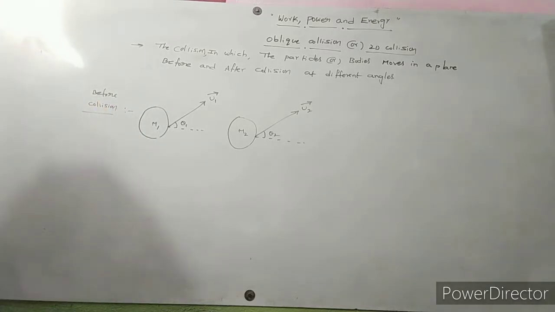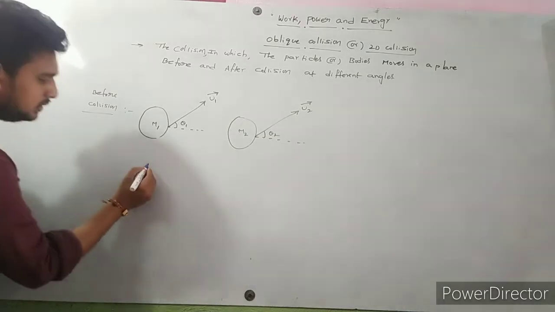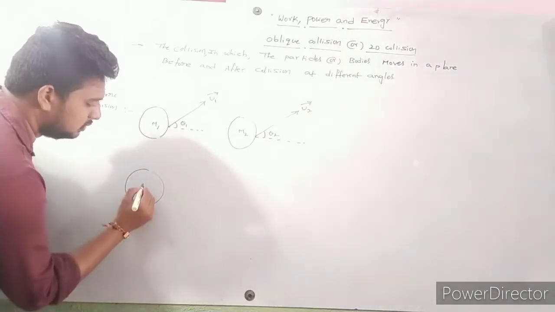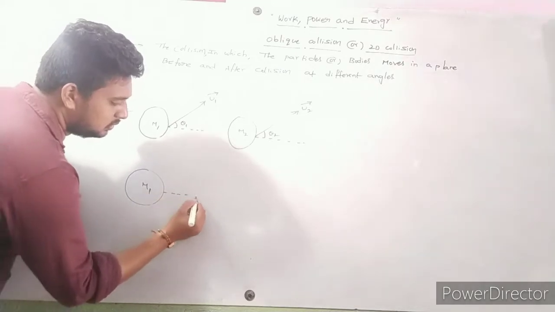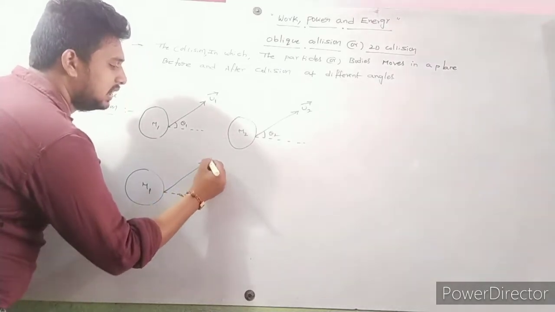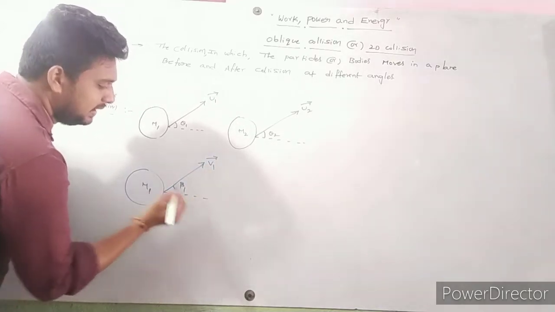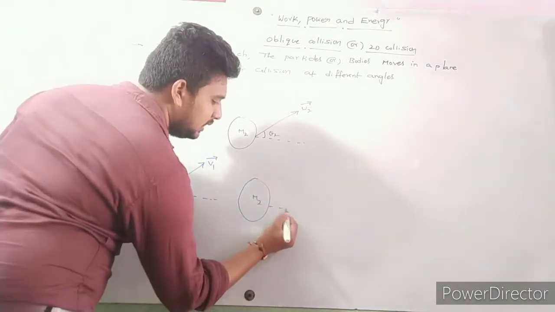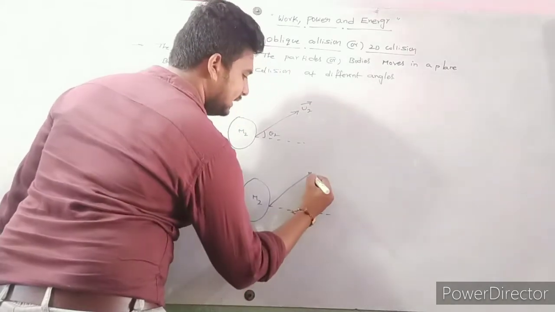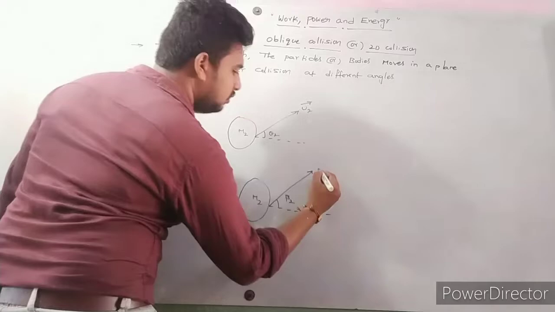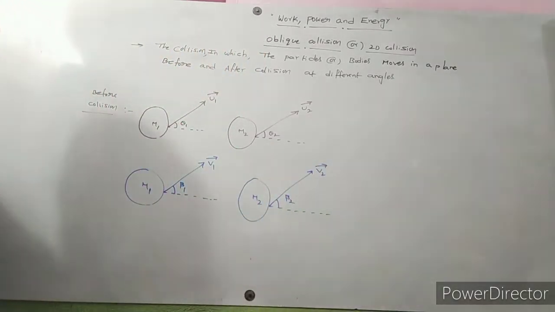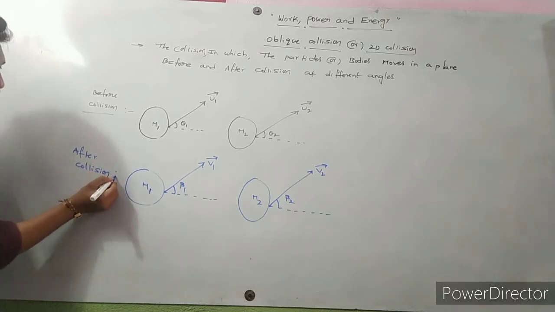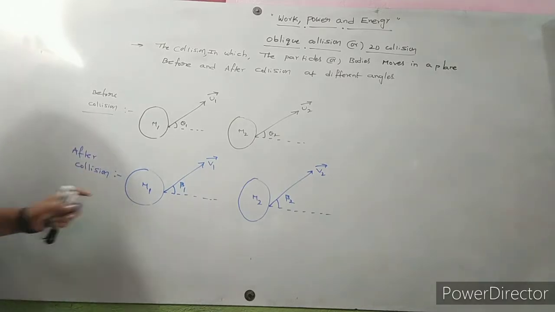After collision, m1 is going to be moving with velocity v1 bar at an angle beta1, and m2 is moving with an angle beta2 with velocity v2 bar. This is after collision.